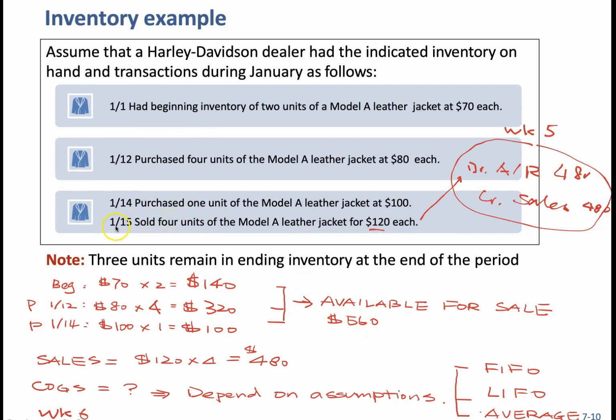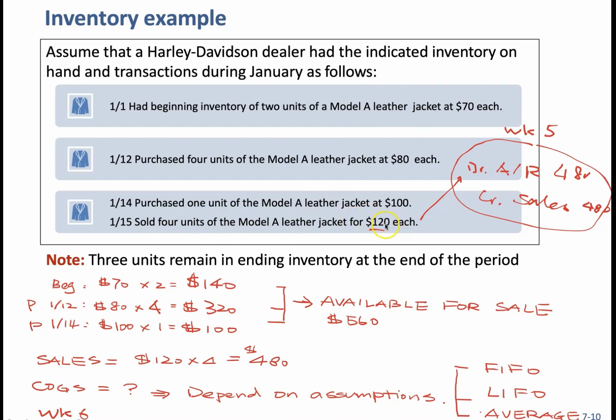It also says that January 15th, Harley-Davidson sold 4 pieces of the leather jacket for $120 each. Now, pay attention. What we talked about before are all referring to the cost. Now, when they sold their leather jacket for $120, these are not costs. These are sales revenue.